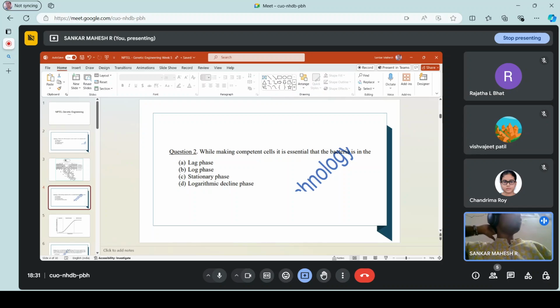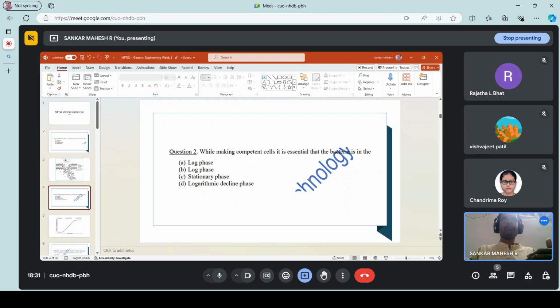Now, how do we know that these cells have taken up the plasmid? For that, we will take an agar plate with the antibiotic that's there in the plasmid, and plate these cells on that agar plate.